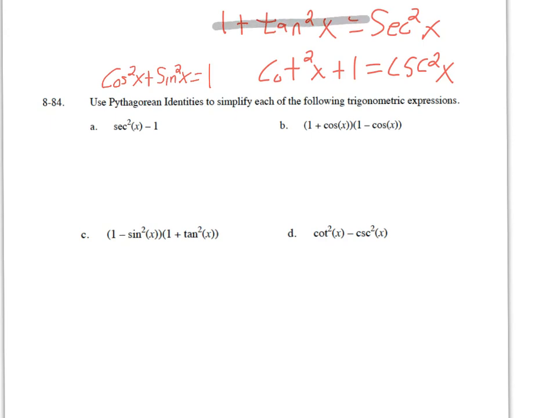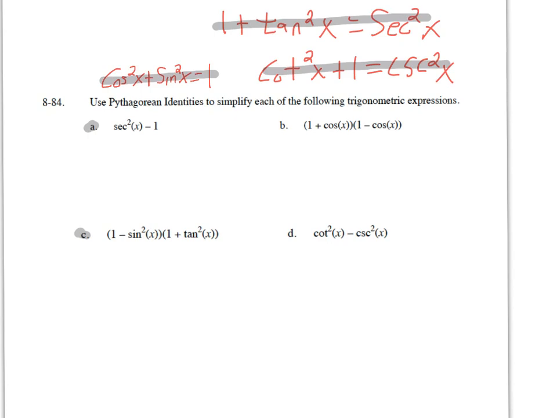1 plus tangent squared x equals secant squared x. Cosine squared x plus sine squared x equals 1. Cotangent squared x plus 1 equals cosecant squared x. I want to rewrite these trig expressions. I'm going to do A and C, and then maybe you can try B and D. In part A, secant squared minus 1.